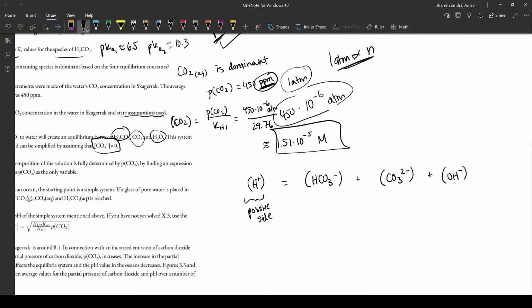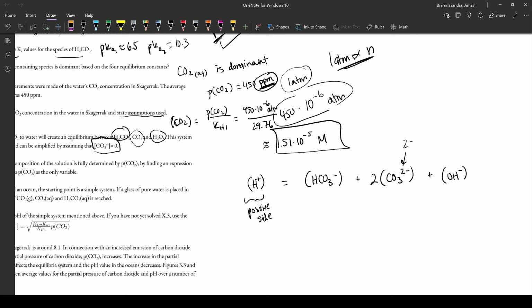Okay, but carbonate has a 2 minus charge, right? So we need to put a 2 in front of it. Basically that's because we need double the amount of hydrogen ions to account for a 2 minus charge. We need double of a 1 plus charge to account for one of the 2 minus charge. It's a little bit confusing, but it makes sense when you try and reason it out that way.